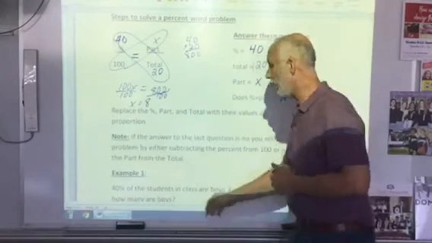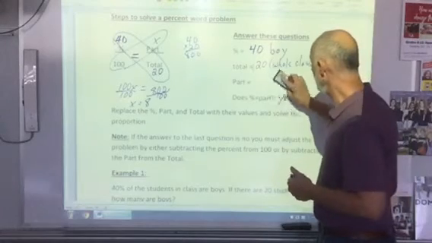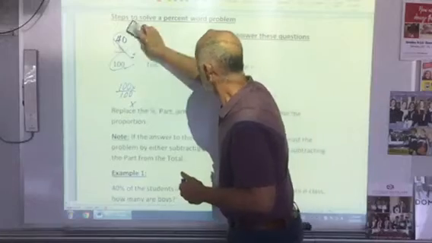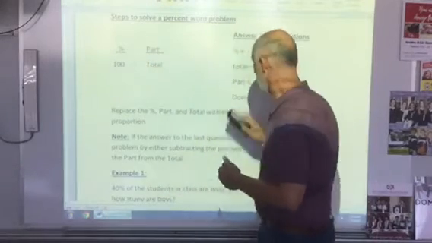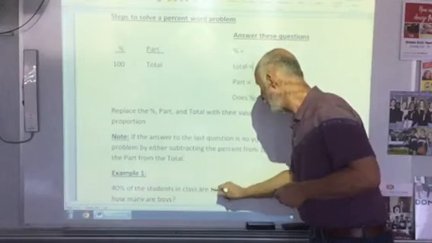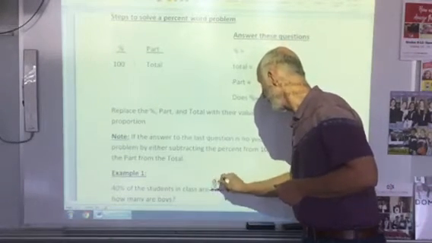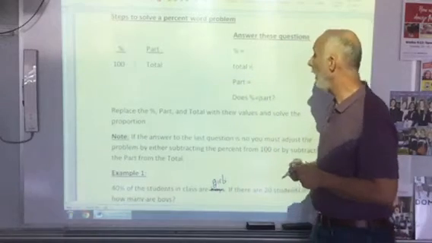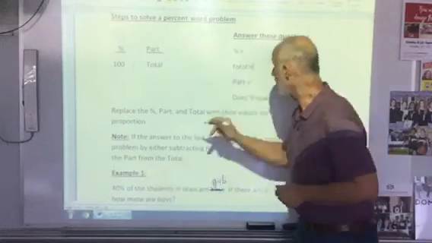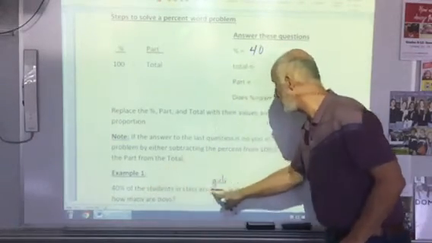Now the tricky part about this is if I had the exact same problem, but I changed one word, just one word. If I was to change this word to where it said 40% of the class are girls, so now when I look at it, my percent is still 40%, but this time the 40% stands for girls.